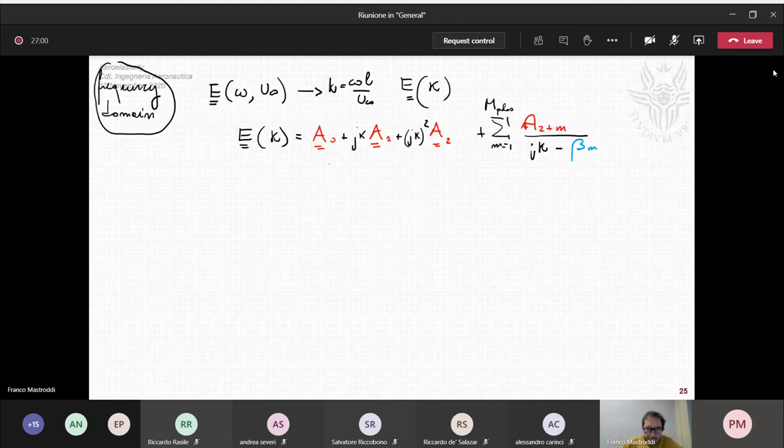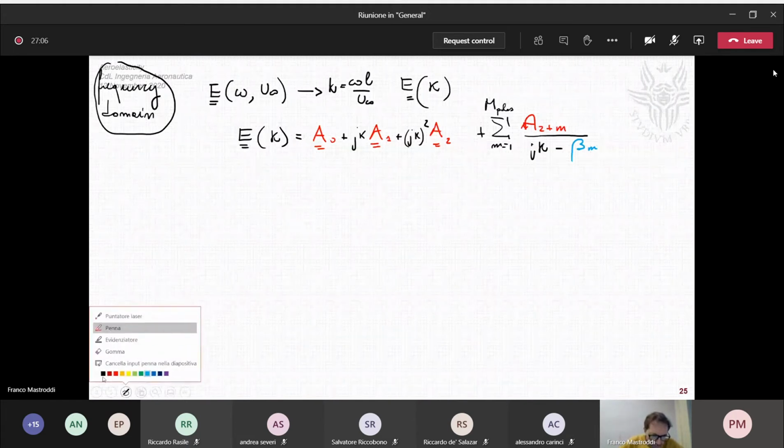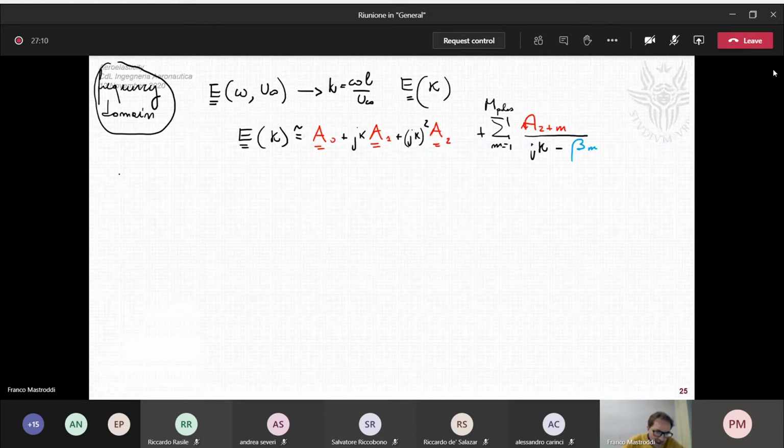We hope to interpolate our data by this structure. Imagine to have the frequency domain axis, and here the value of a term of the aerodynamic matrix, for example the ij term, as a function of k.